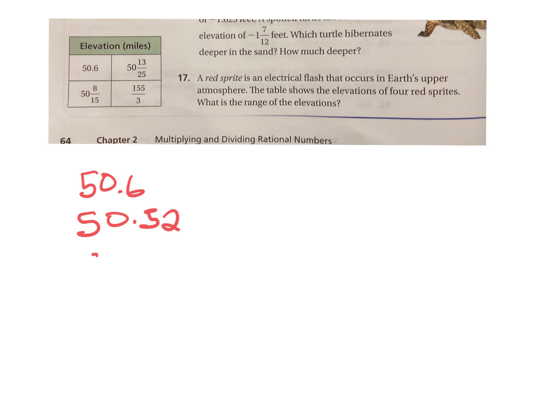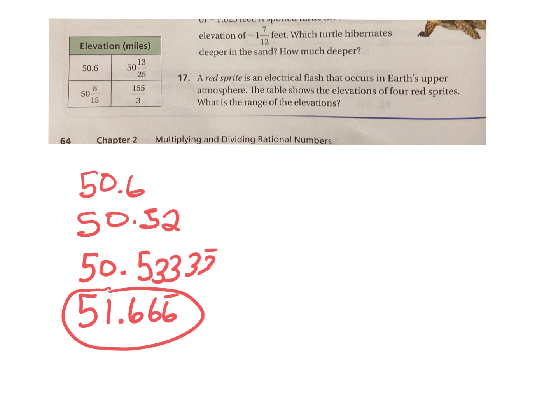Maybe it won't factor in. 50.533, and that 3 repeats forever. Okay, and then we have 155 divided by 3. That gets me 51.666. That repeats forever. So I know that this is my greatest one. 155 over 3 is my highest.